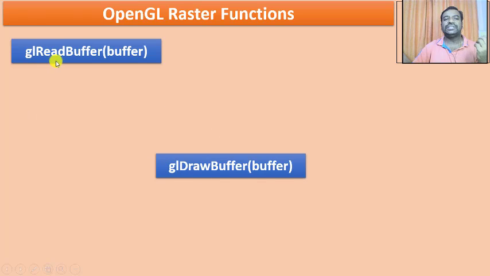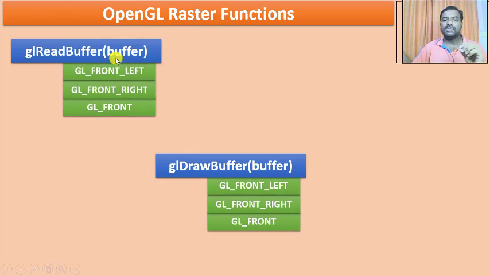Hence we have glReadBuffer to read the content from the block of memory or block of pixels you create, and glDrawBuffer will put the information I have just read onto the block of pixels you have created.